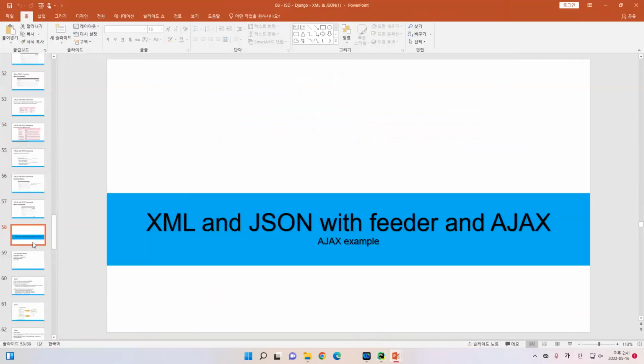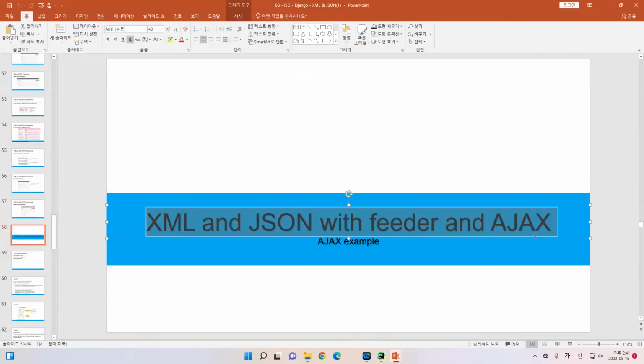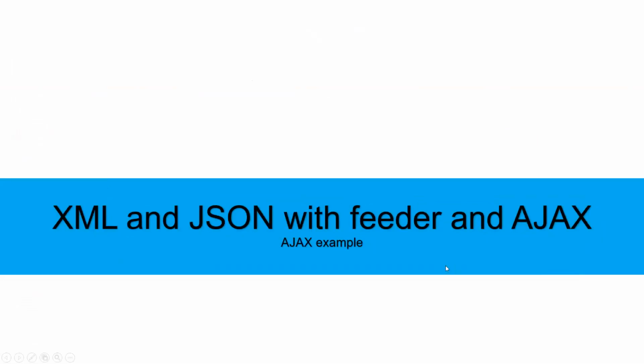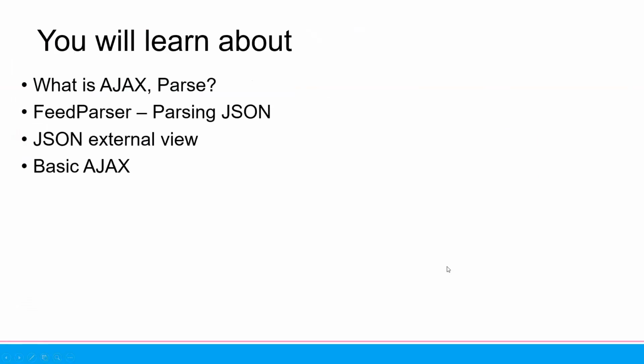So what we are going to learn next is how we can deal with Ajax. I will explain just a little bit on Ajax, and we are going to use a feeder. What is the meaning of feeder here? We will learn what Ajax is and what parsing is, how we can parse something.